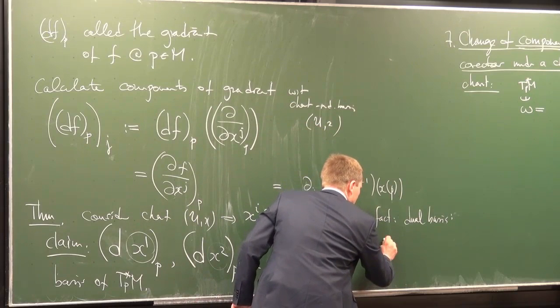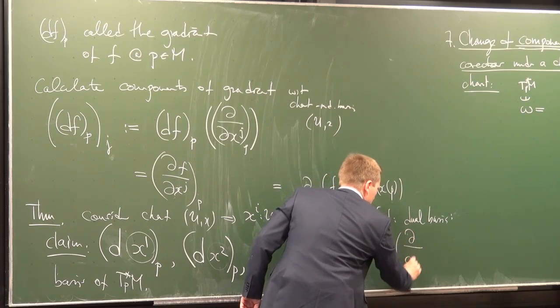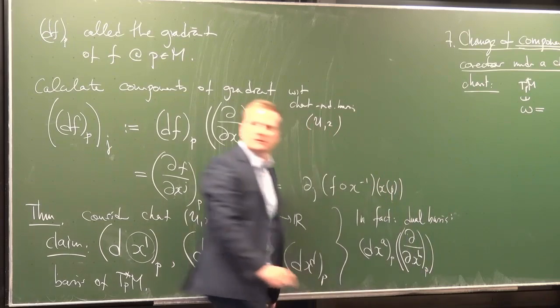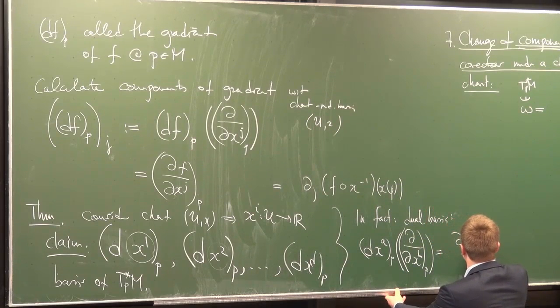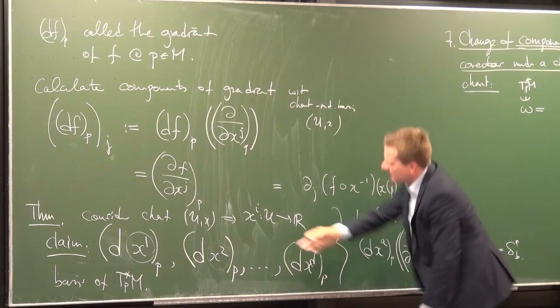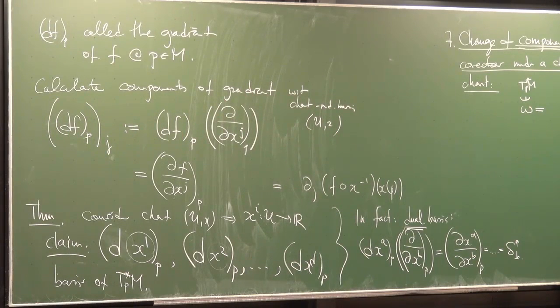You take the gradient of the a-th coordinate map at the point p and you apply it to the b-th basis element of the tangent space, and you calculate this, you get dx^a by dx^b at p, and by writing it in undergraduate analysis notions, you get indeed delta^a_b. So in fact, this is not just a basis of the dual space, it's the dual basis of the dual space if in the original space you chose the chart-induced basis.